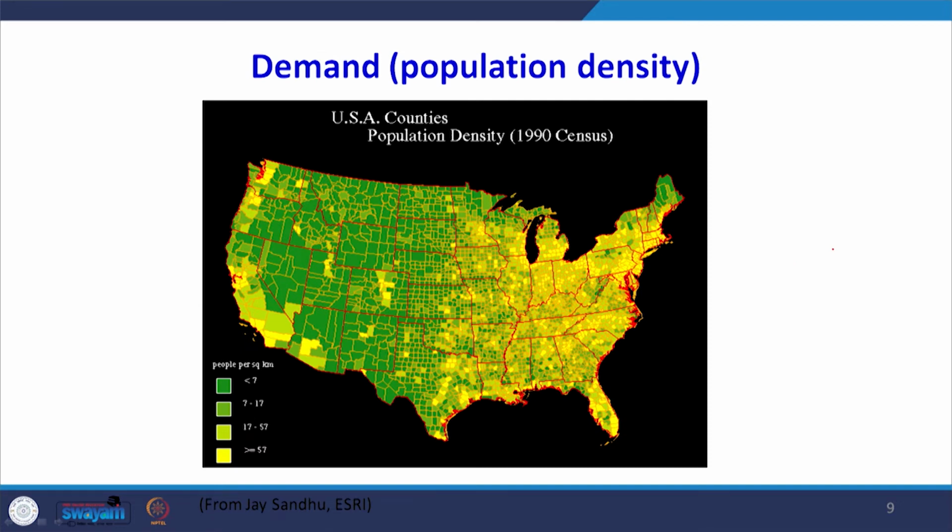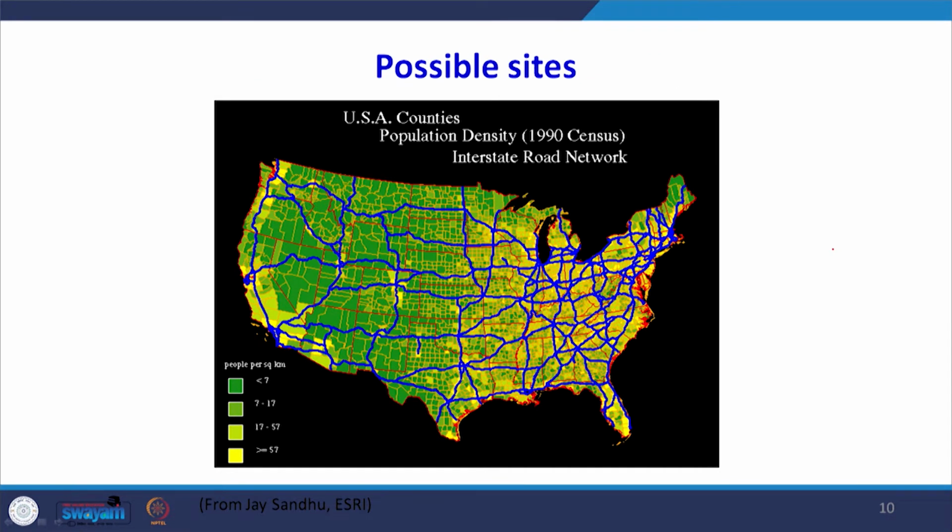So, this example shows the population data, who are the users, who are the customers when you want to start a warehouse. This population density data, different colors are indicating the different population density. On the basis of the population density, which is one of the criteria to decide the optimum locations, and this is the intersected road network.